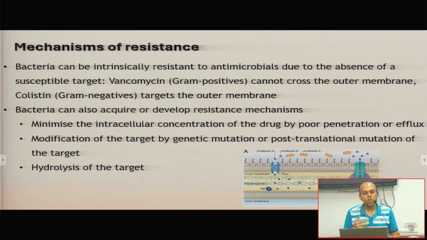An example is vancomycin, for gram positives. Vancomycin cannot access the outer membrane. Vancomycin is a very big antibiotic, so it can't access the outer membrane and can't be used for gram-negative bacteria. That is why it is used only for gram-positives.